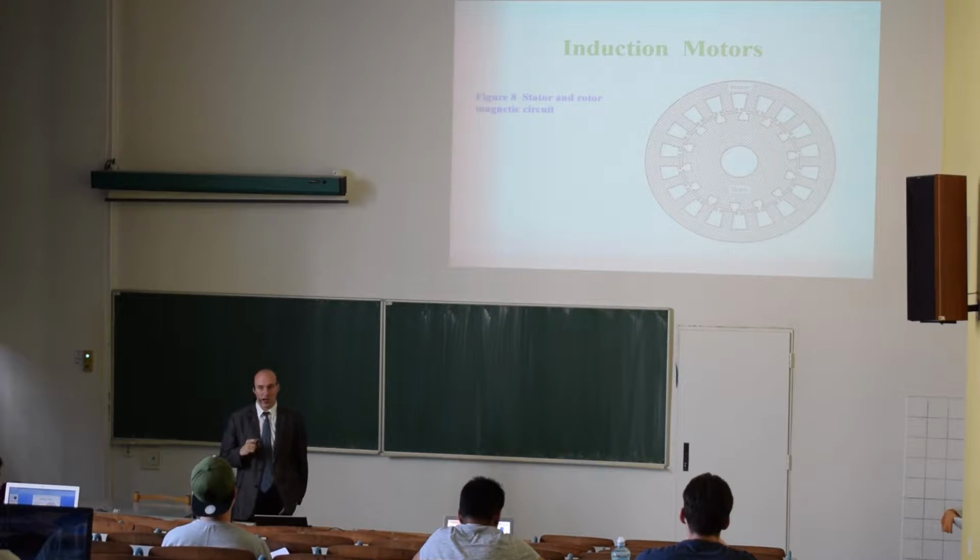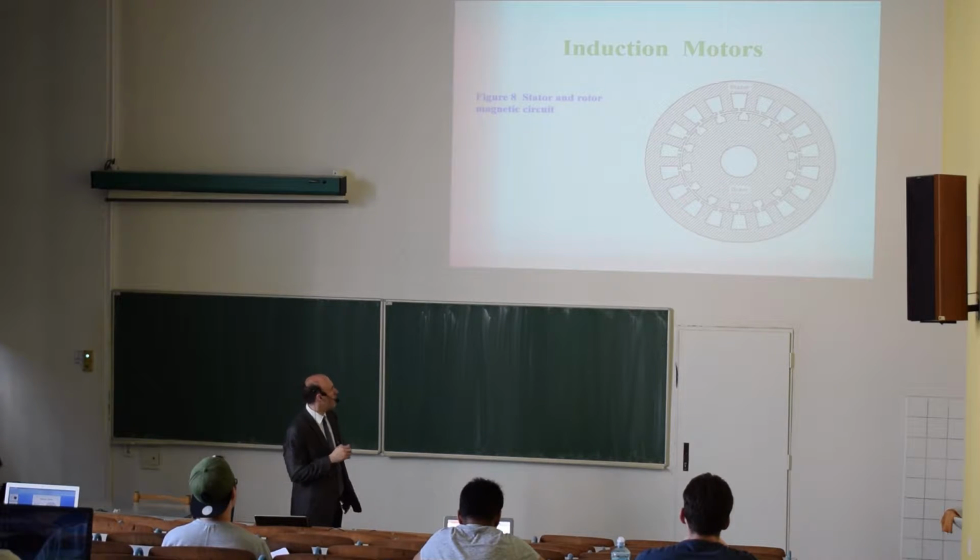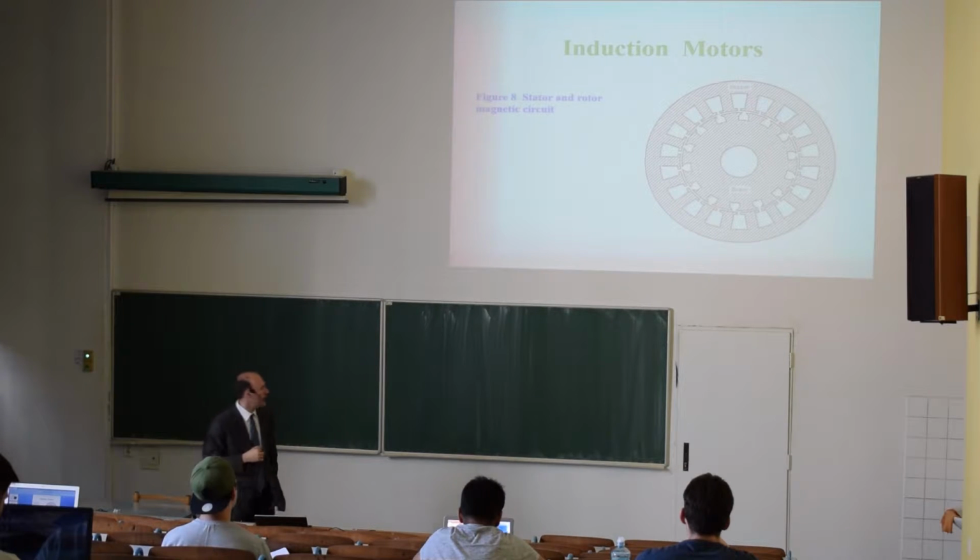The magnetic circuit is going through the iron, so the magnetic flux is created in the winding, let's say somewhere around here, and it goes through the air gap, which is here, to the rotor, and then back to the field winding on the stator.